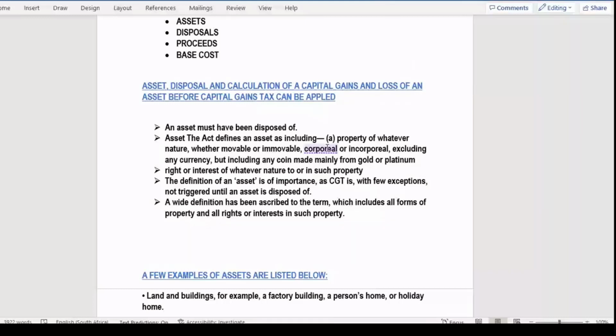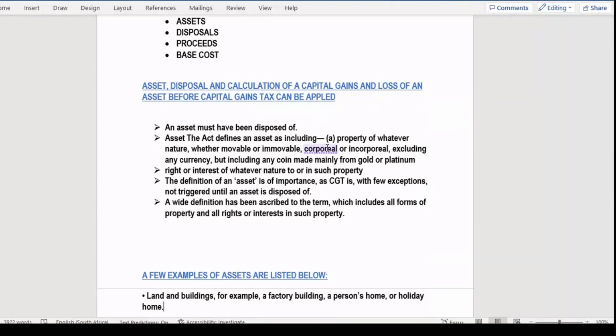The Act defines an asset as including property of whatsoever nature, whether movable or immovable, corporeal or incorporeal, excluding any currency but including any coins made mainly from gold or platinum, and the right or interest of whatever nature to or in such property.